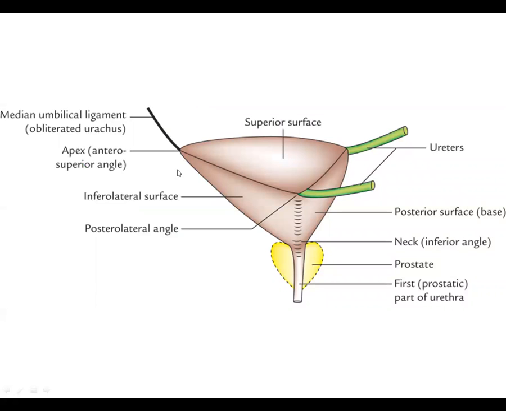Similarly, there are two more folds of peritoneum, the medial and lateral umbilical ligaments, which are also just folds of peritoneum. That's why we call them false ligaments. So there are two types of ligaments of the urinary bladder: true ligaments and false ligaments.